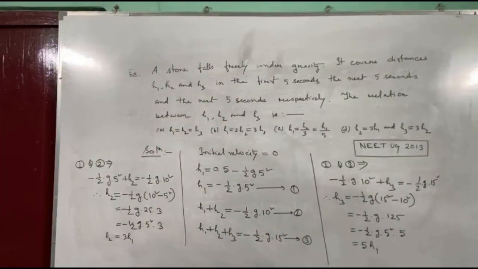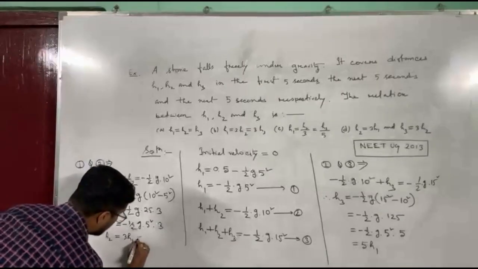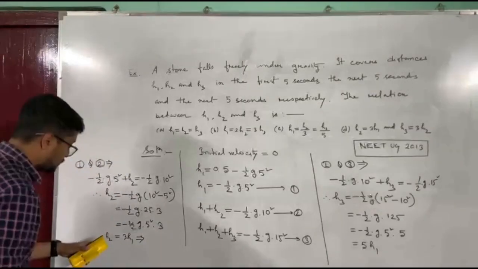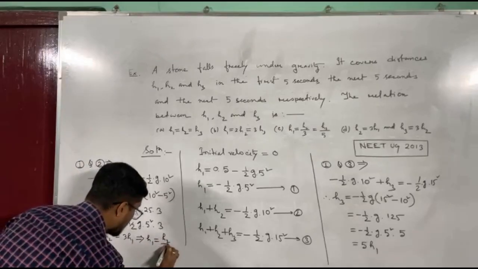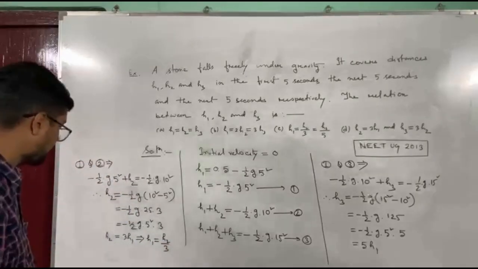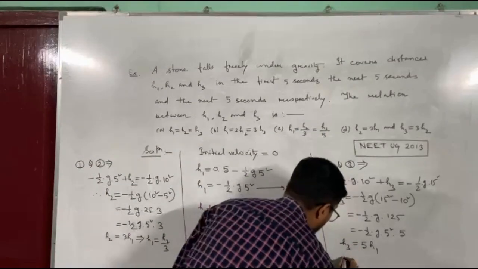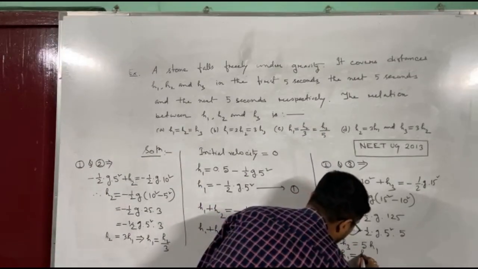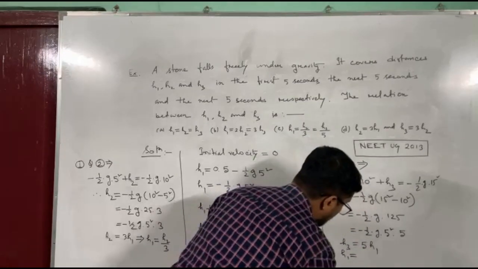Okay, so what we can write, basically h1 is nothing but h2 by 3, and from here h1 is equal to h3 by 5.